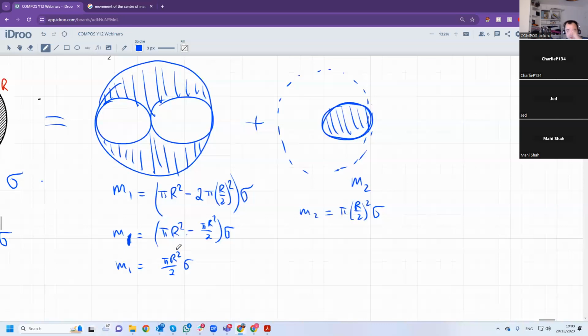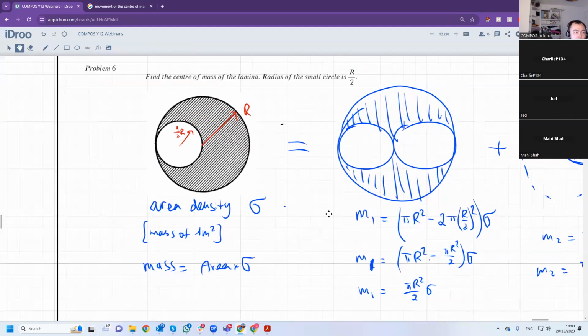So it's half of the original, half of the big disk. Interesting. So M2 is pi r squared over 4 sigma. M1 is obviously 2 times bigger than M2. You can see it from here.